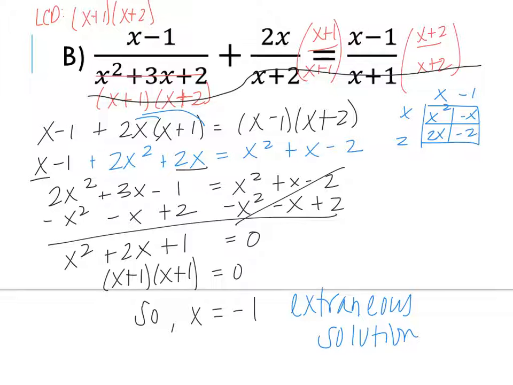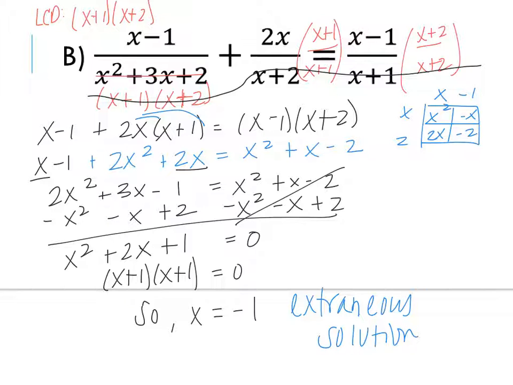Basically, how we can tell that we've gotten an extraneous solution is that in your original equation, when you set any of the denominators equal to 0, if you get x equals negative 1 in this example, then it's an extraneous solution.